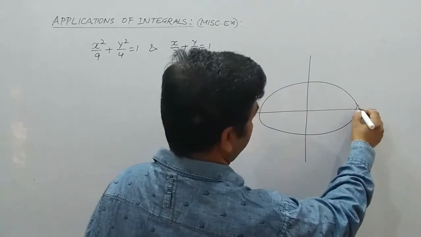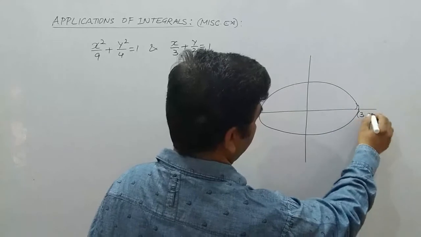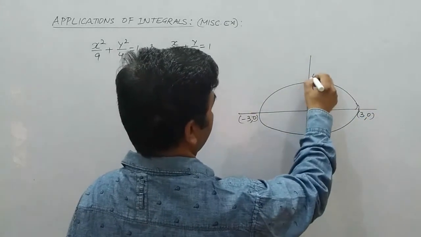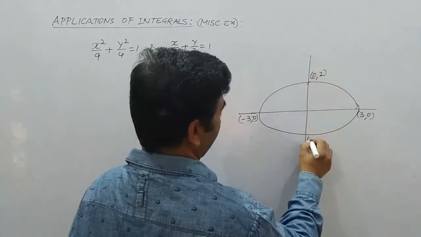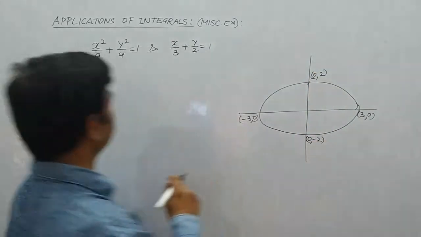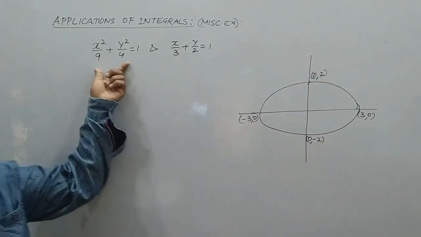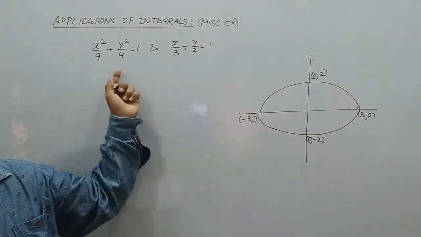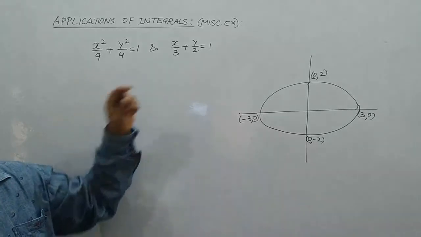This point is 3 comma 0, this point is minus 3 comma 0, this is 0 comma 2, and this is 0 comma minus 2. So this is the sketch of the given ellipse with vertices plus minus 3 comma 0.